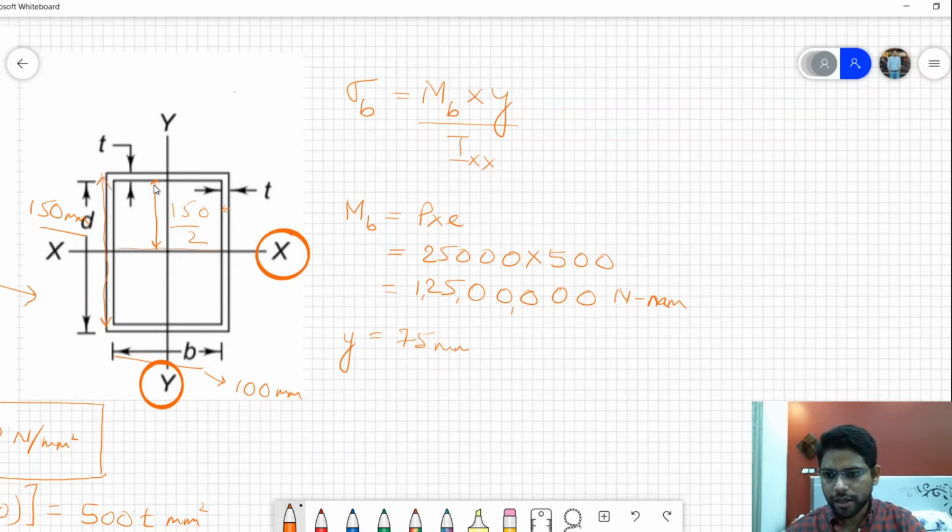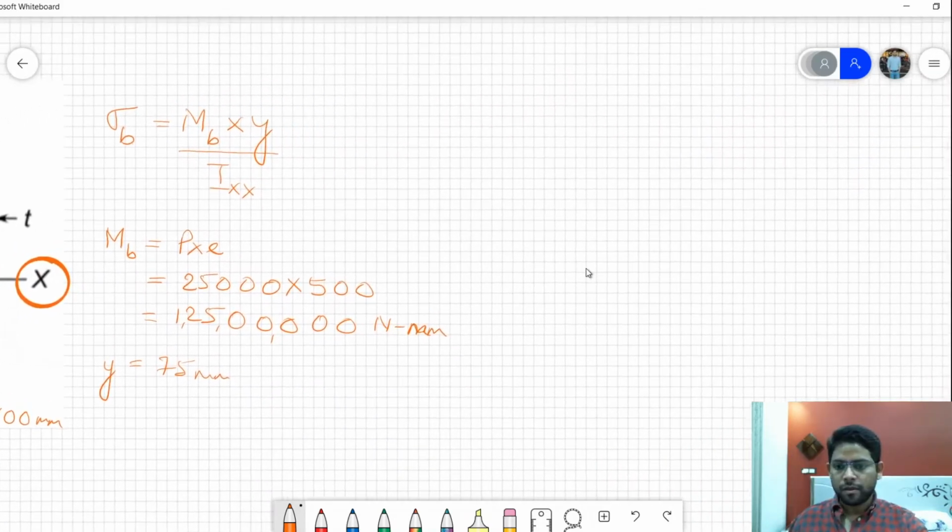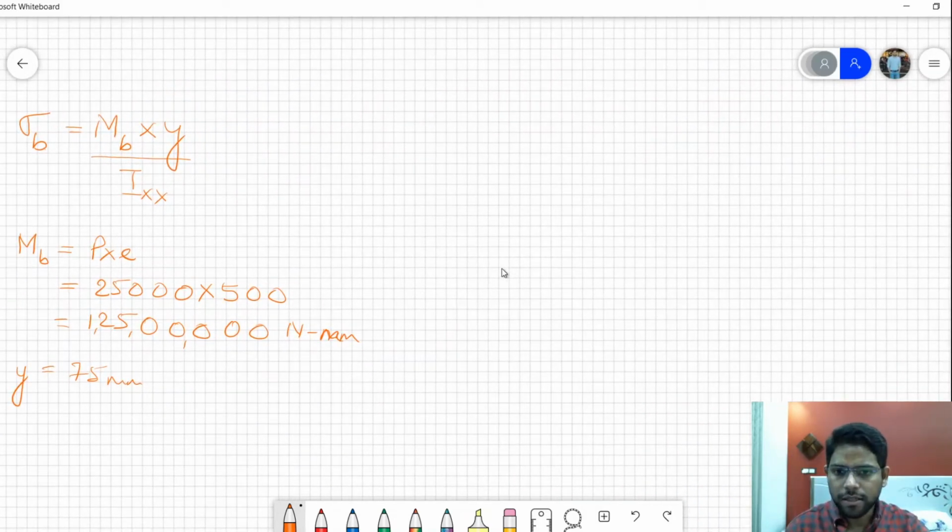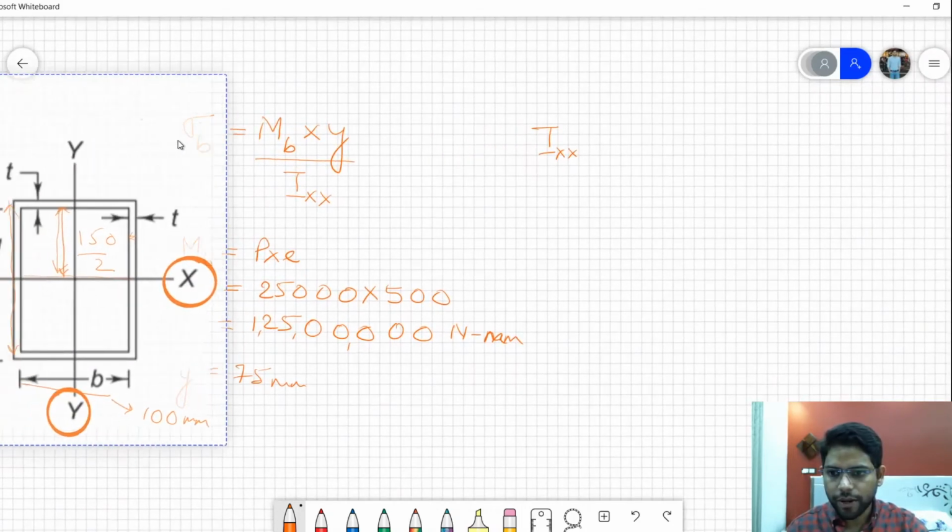So this length will be half of the total length, which will be equal to 75 mm. Now the last thing which we have to calculate is the second moment of area, Ixx. For that, let me bring this figure over here.